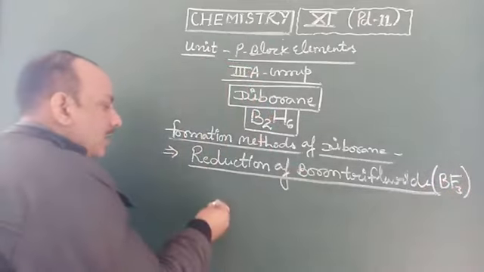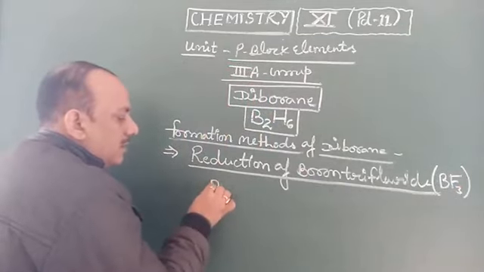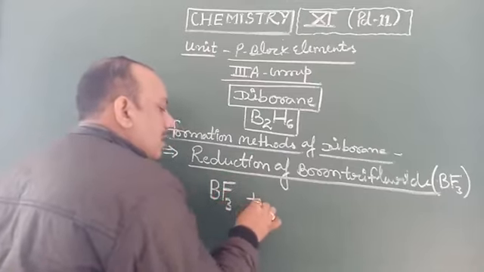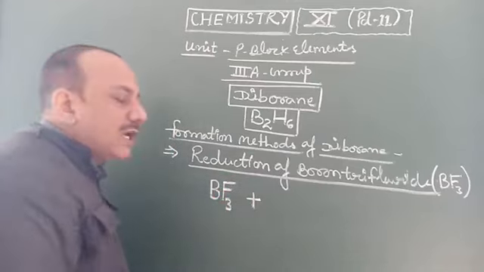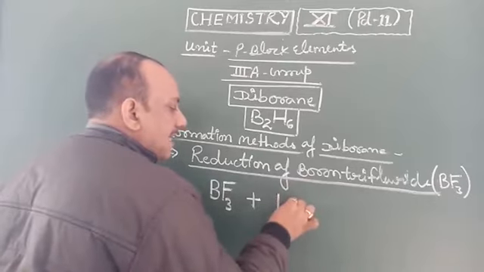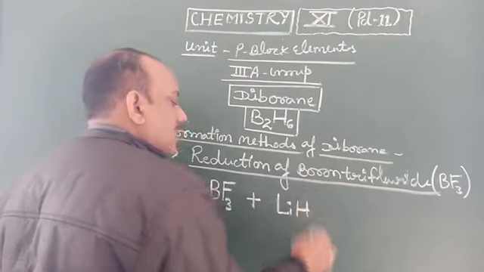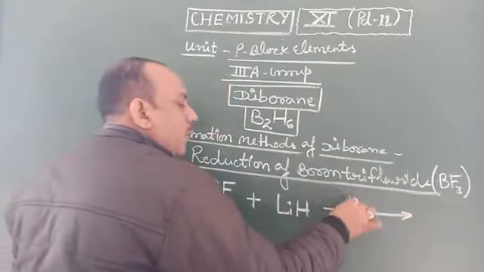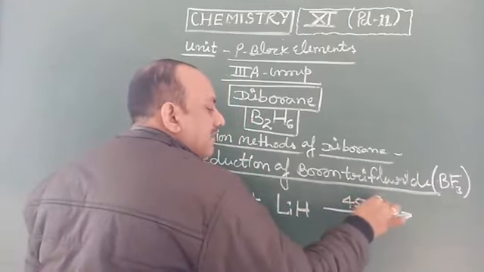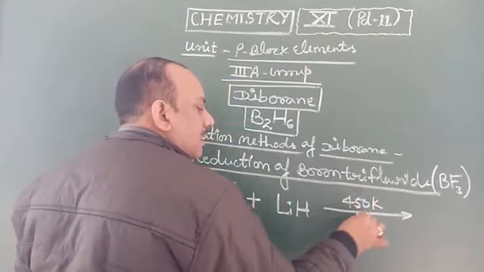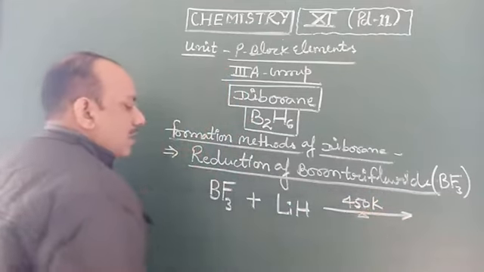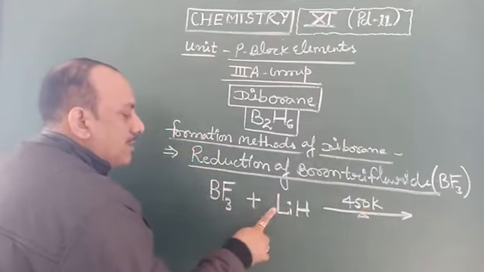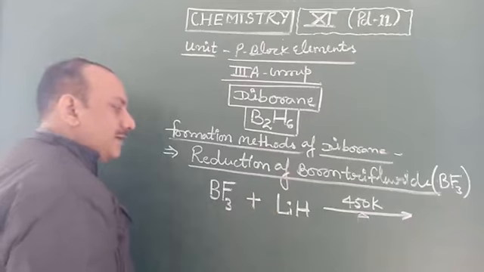When boron trifluoride, BF3, reacts with lithium hydride, LiH, at 450 Kelvin temperature, it is reduced to form diborane, B2H6, and lithium fluoride, LiF.